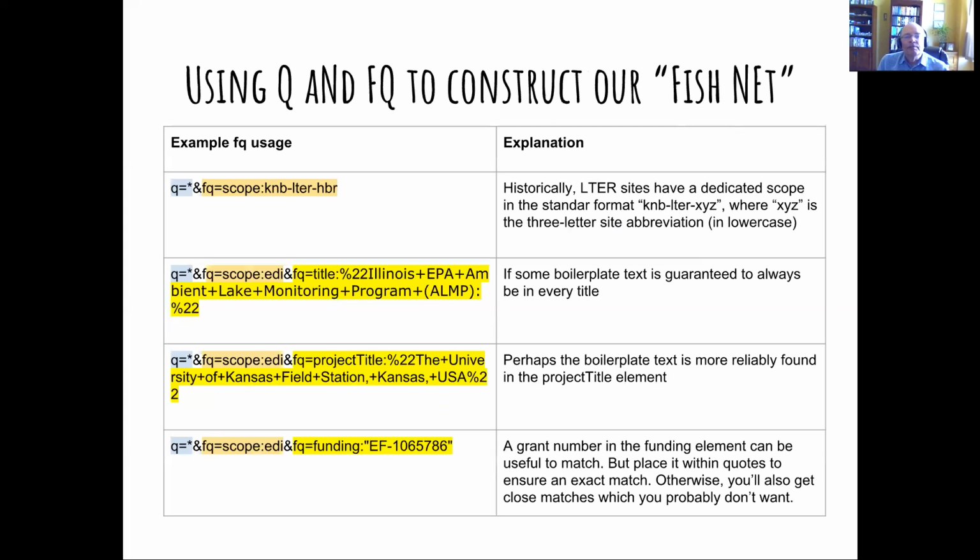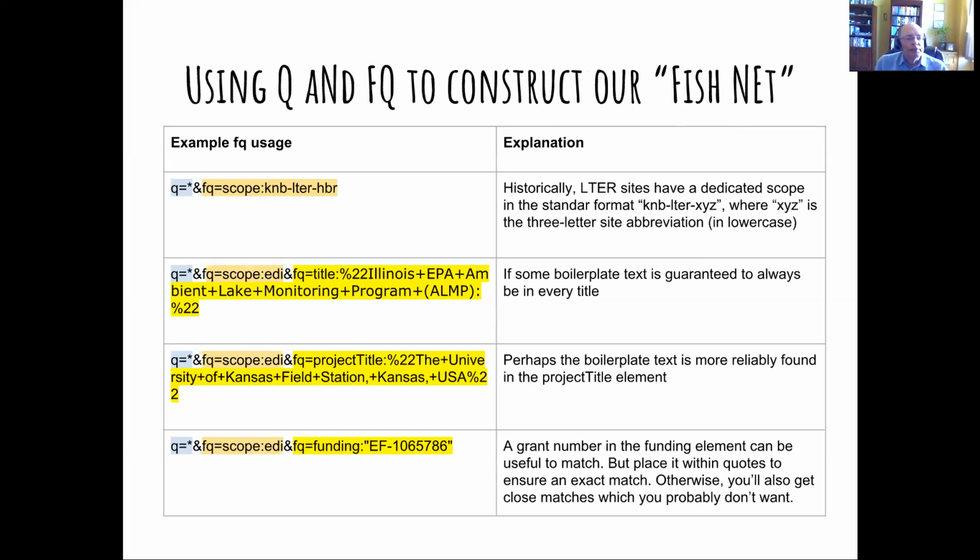However, the dedicated scope value per site scheme has some inherent limitations. More recently, as EDI supports a broader range of communities, we're moving away from that approach. Many of the newer data packages other than LTER are collected under a more general EDI scope. In these cases, how can we match a group of data packages from a particular site or project?